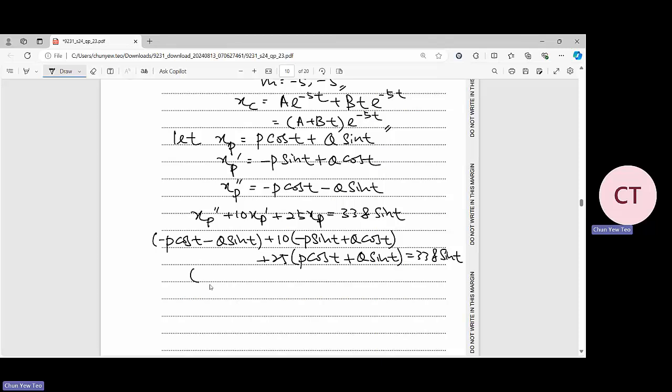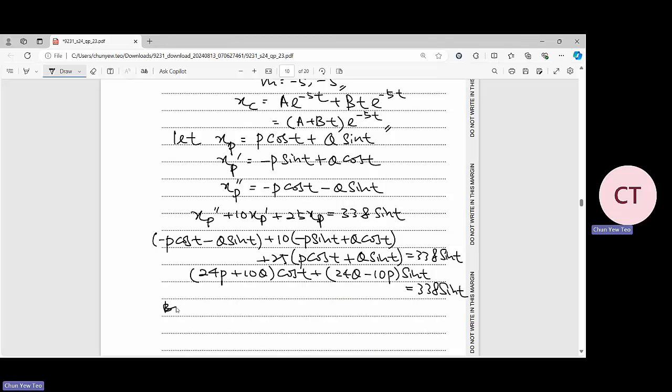All the cos, if you join together, you get (24P plus 10Q) cos t. And then all the sin, if you join together, you get (24Q minus 10P) sin t equal to 338 sin t.